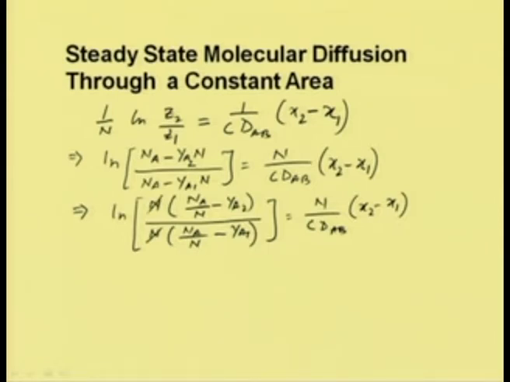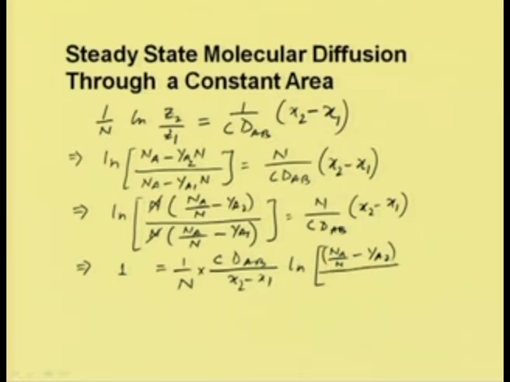And this will cancel out, and if we rearrange this, we can write NA is equal to C DAB by x2 minus x1 and N ln of NA by N minus YA2 divided by NA by N minus YA1.